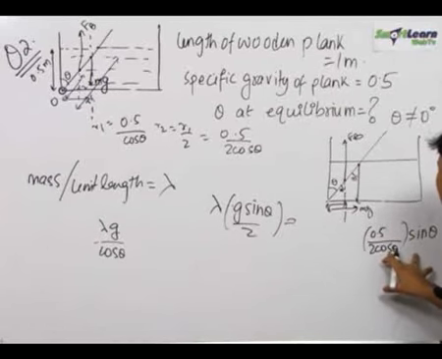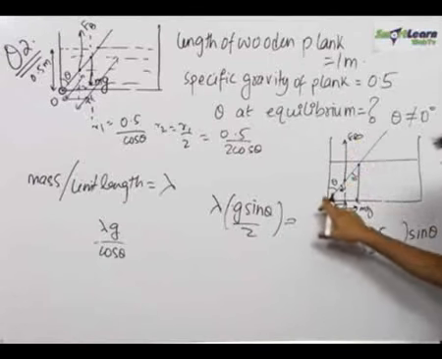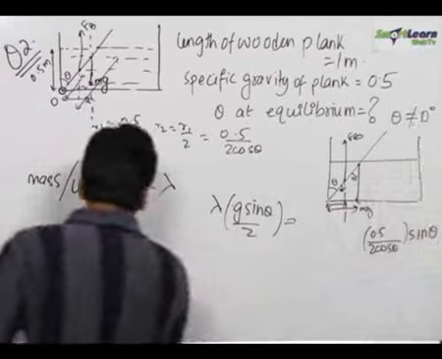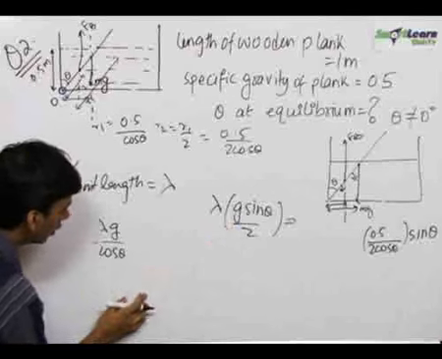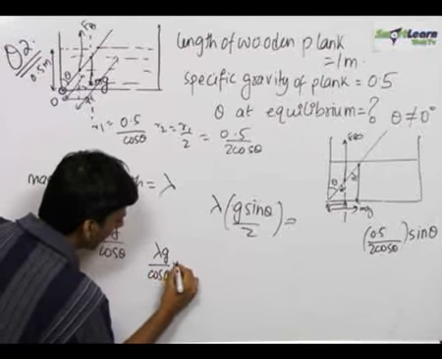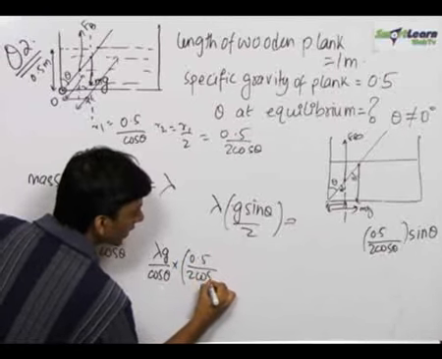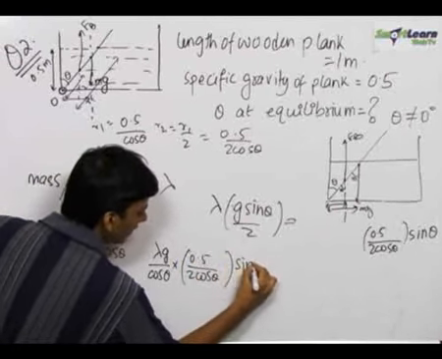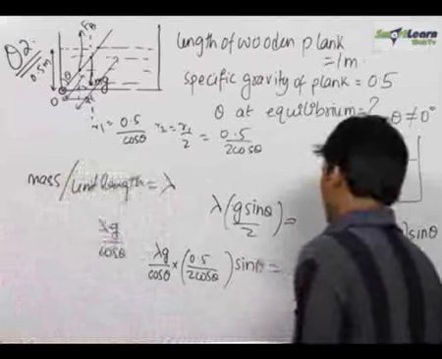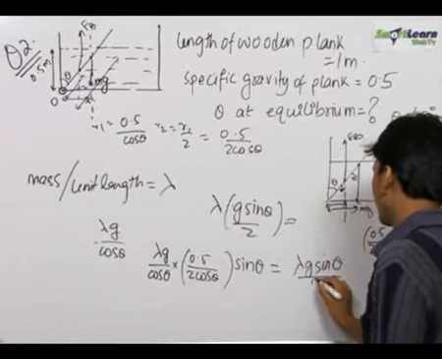Therefore this is the perpendicular distance of the line of action of FB from this point. So we multiply lambda g upon cos theta by that to get lambda g upon cos theta into 0.5 upon 2 cos theta into sin theta. This is equal to lambda into g sin theta by 2.